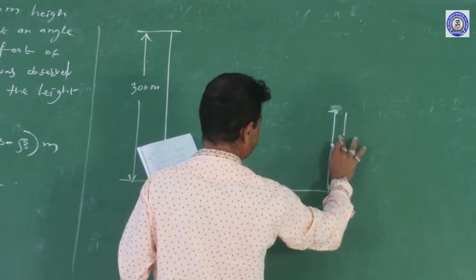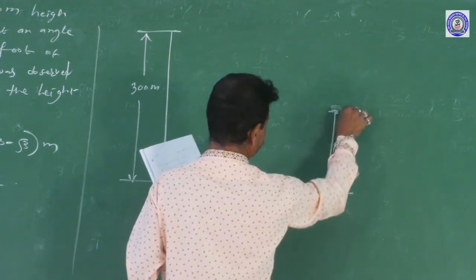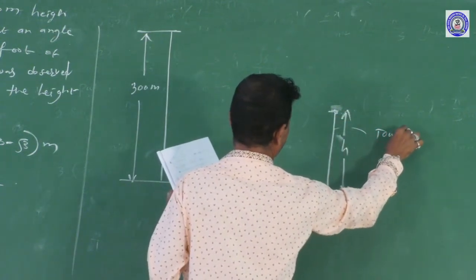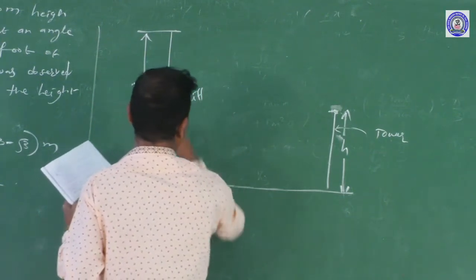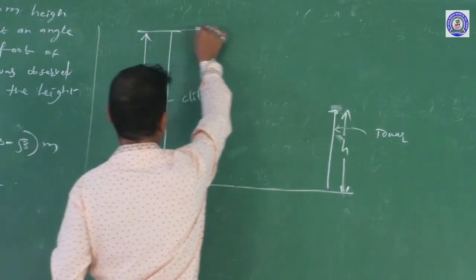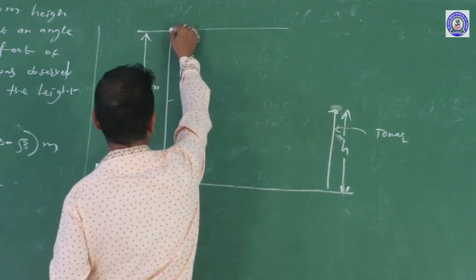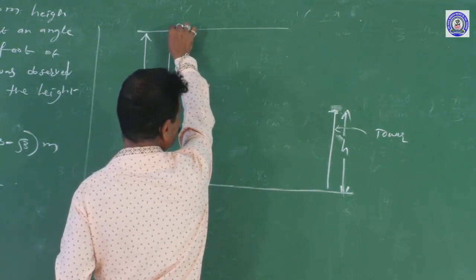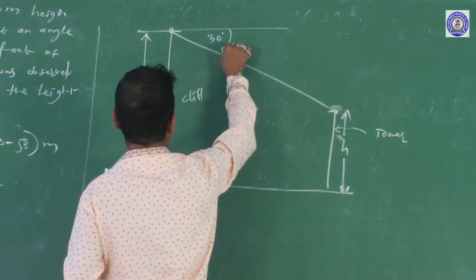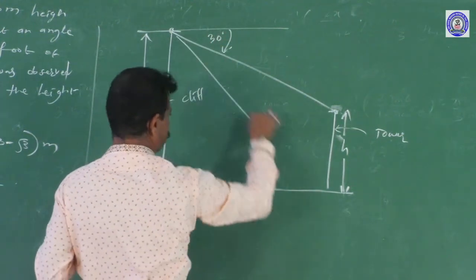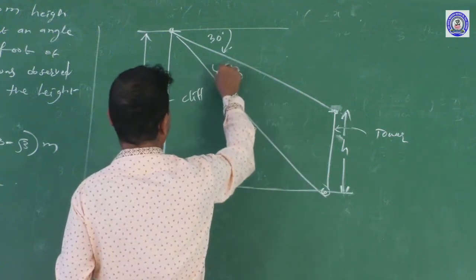Let us say it is h length. This is the cliff. So the depression angle from the top of the cliff to the top of the tower is 30 degrees, which is given, and from the foot it is 45 degrees.